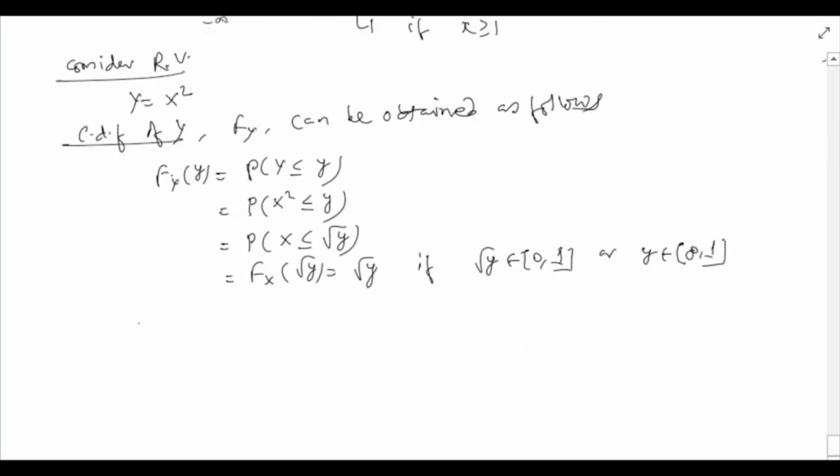It can also easily be seen that F_Y(y) is 0 if y is less than 0, and it is 1 if y is greater than or equal to 1.